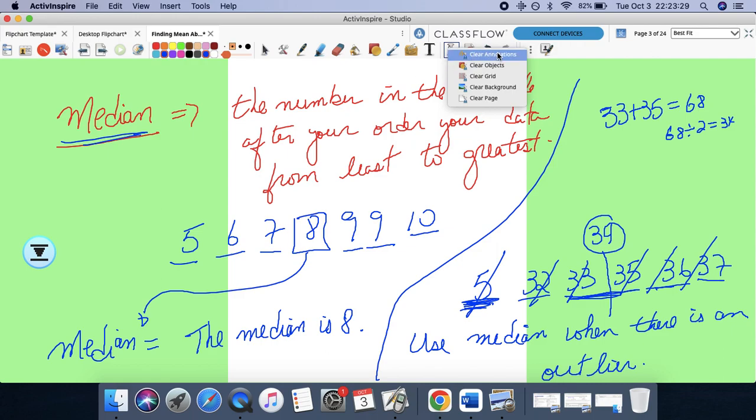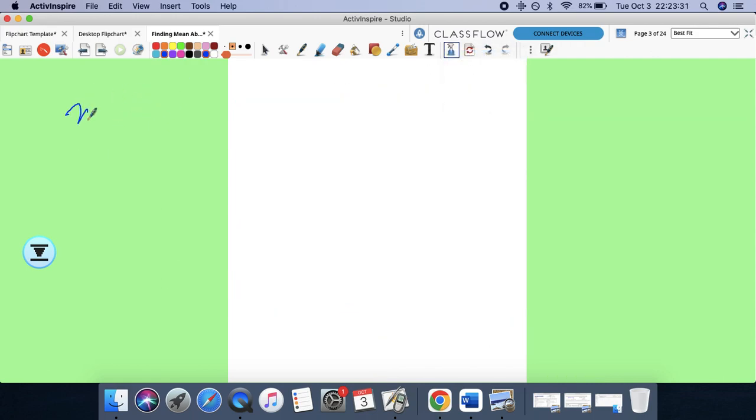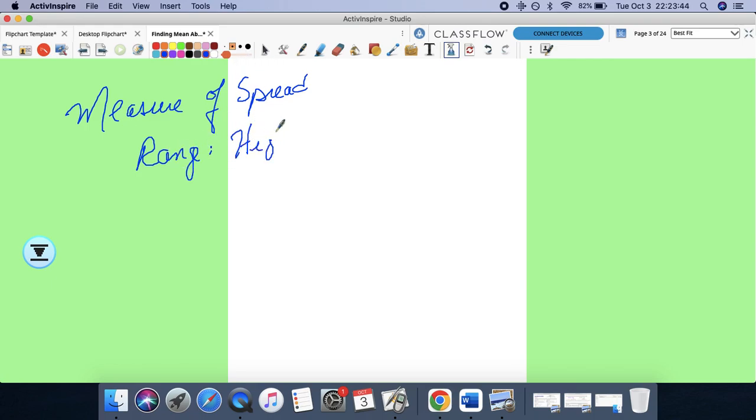And then we have measures of spread, right? Measures of spread that we talked about. And that's the range, which is the highest minus the lowest.